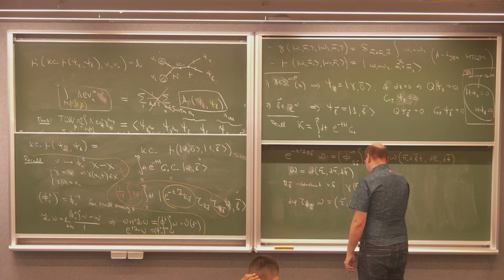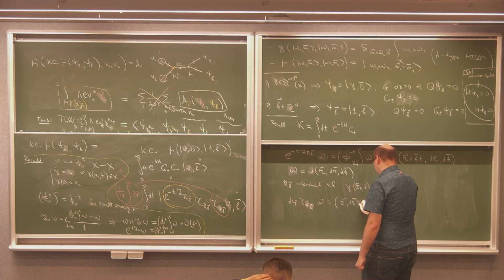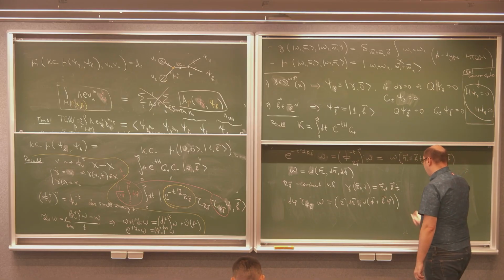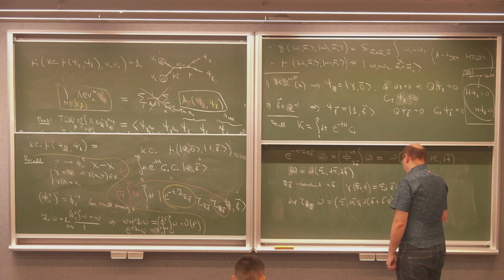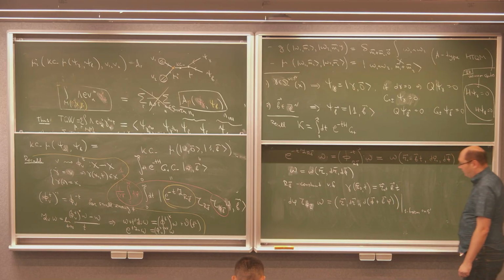And here d of capital phi plus b times little phi. And here we need to take a look at the degree, okay, one form on S1.